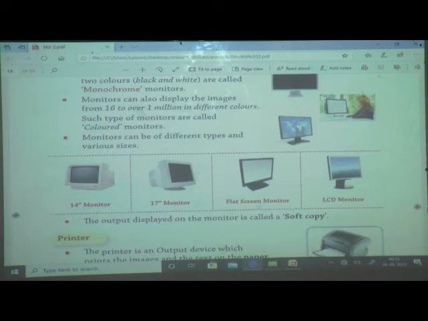Then there is a flat screen monitor, and an LED monitor. Monitors can be of different types and various sizes.